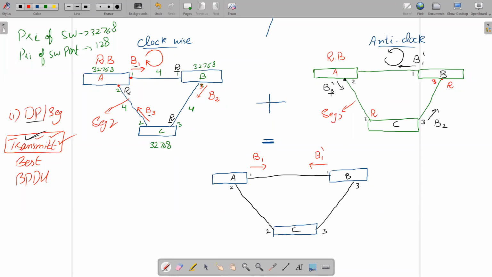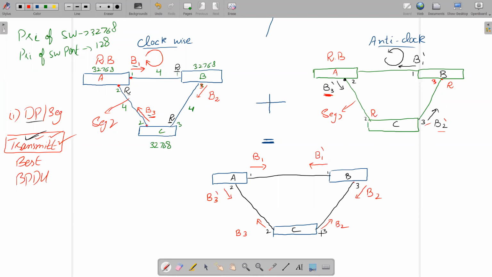You can see B3 dash from here and B3 dash from here. So you can combine them, B3 dash, and from here that was B3. And segment 3, the last segment: from this port, this is B2, this is B2, and from here, that was B2 dash, and this is your B2.